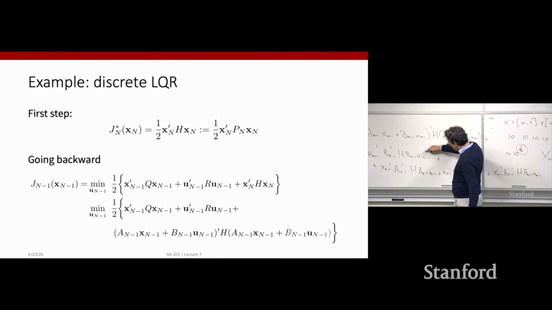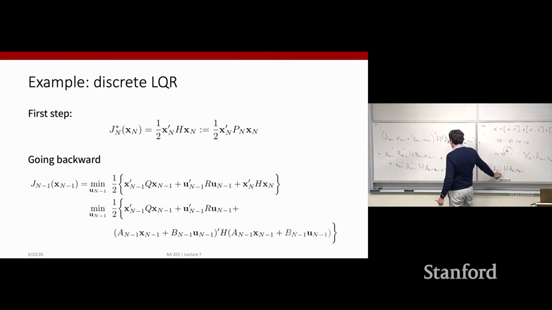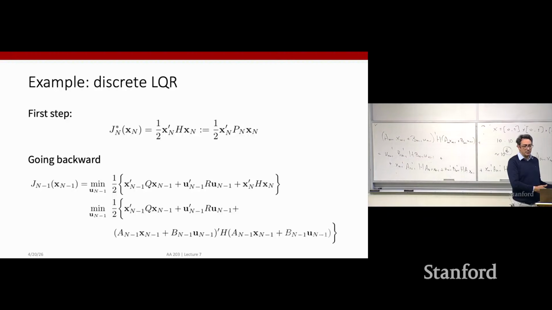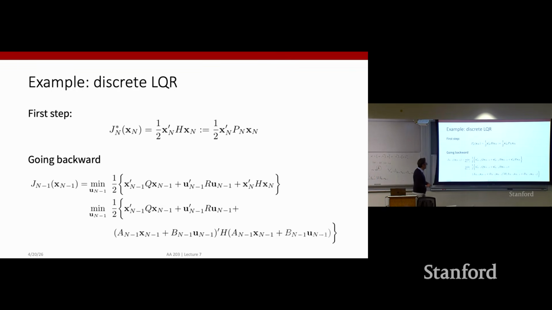So you have a quadratic in u, linear in u, and then no dependency on u. So now to find the minimum, you take the derivative with respect to u n-1. So we also have the quadratic here in u, and then we have no dependency on u here.